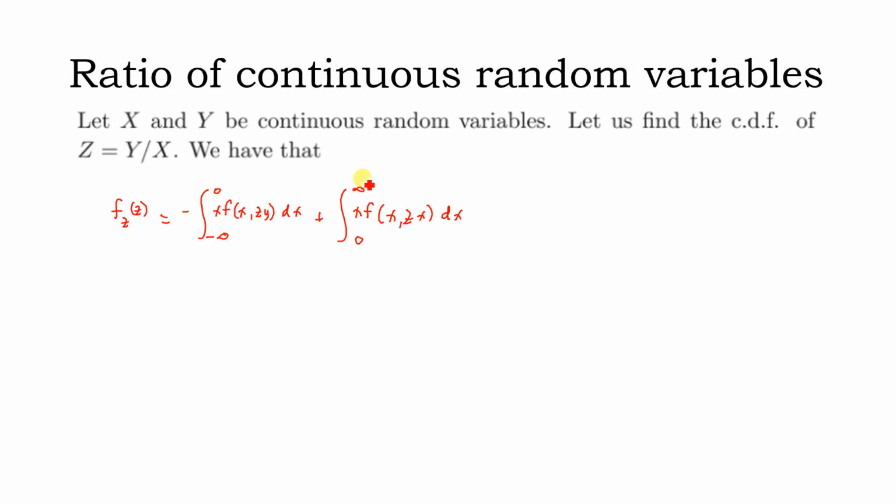In this case, we have that negative x is equal to the absolute value of x for x less than 0, and the absolute value of x is equal to x for x greater than 0.